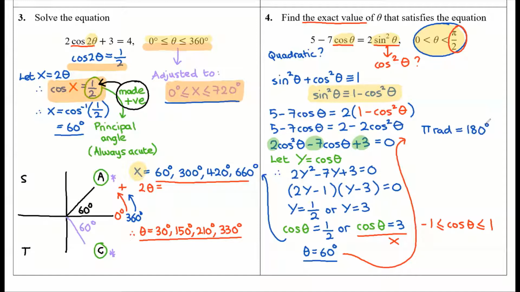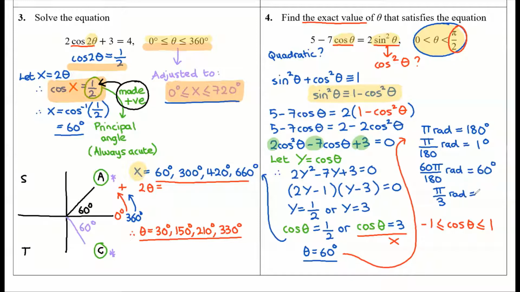So if I divide both sides by 180, that gives me 1 degree. So I simply have to multiply both sides by 60. Now, this is the long way of doing it, but it's the fail-safe way of doing it. And 60 over 180 is obviously 1/3, so that's going to be pi/3.